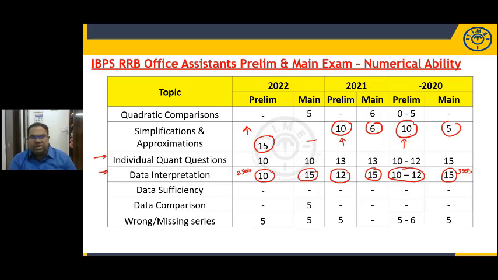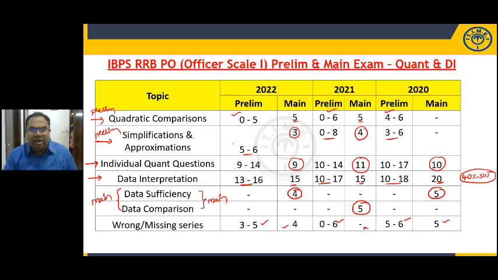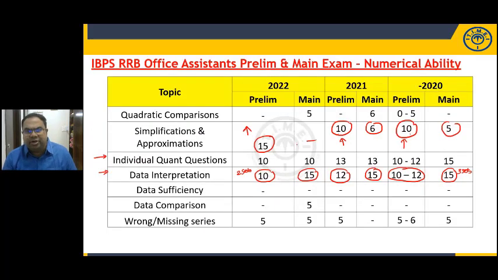Here 10 questions, 10 questions, 15 questions, the combination of simplification as well as approximation. Look at the previous slide. We have only 5 questions, 0 to 8 questions, 3 to 6 questions in prelim exam. Here the weightage of DI, even in prelim, is more, but here the weightage of DI is restricted to 10 to 12. Instead of that, we have more questions on simplification and approximation.